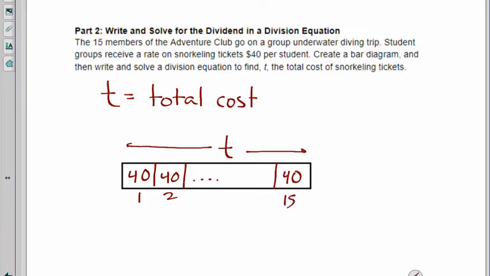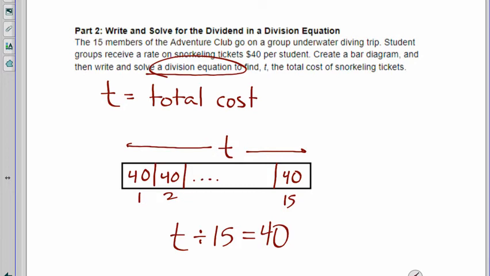And so if I wanted to find this, I could relate everything with division, because they're asking me to write and solve a division equation. I could say that t divided by 15 gives me 40. So the total cost divided by the number of tickets should give me the $40 per ticket. Now, how do you undo a divide by 15?